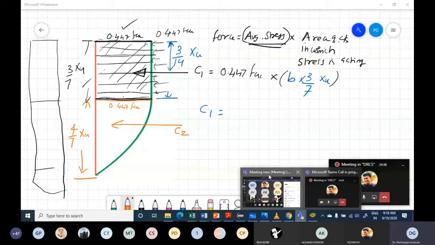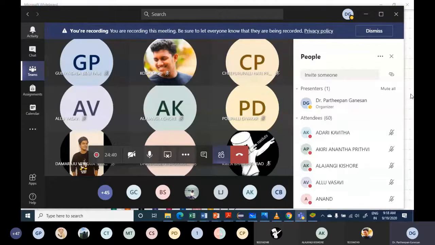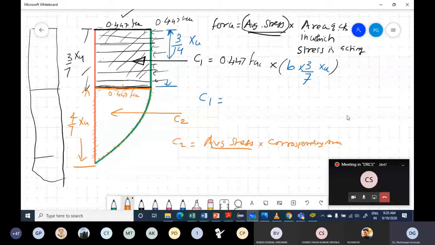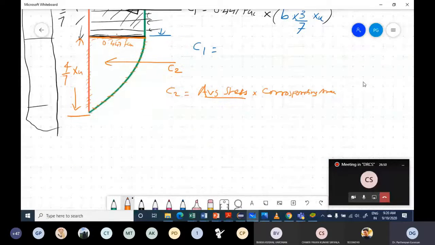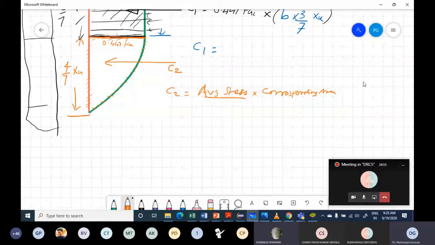Now my question is, is it 0.447 FCK by 2? That is valid only if this is a rectangle, or if this is a triangle. If it's a triangular distribution like this, then 0.447 FCK by 2 is fine. But this is more than a triangle, right? This is not a triangle. This is a parabolic part.